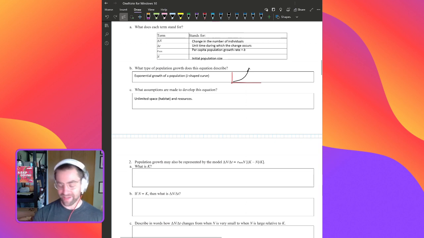I kind of gave it away a moment ago, but K is the carrying capacity, or the number of individuals that can be sustained over time. And K is a function of the environment.